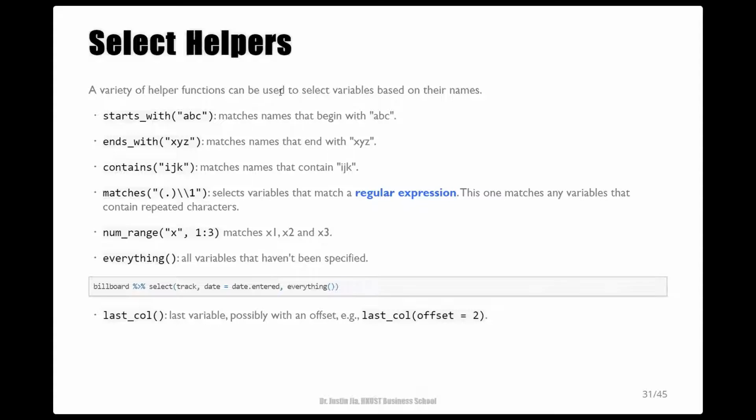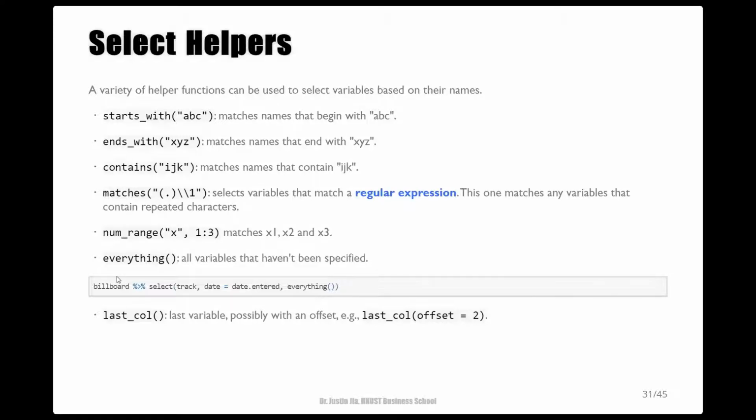This slide gives you a summary of helper functions that can be used together with the select verb. Actually, the use of these select helpers is not restricted to the select verb, or even not restricted to the dplyr package. They can be used anywhere when we want to form variable selection rules.